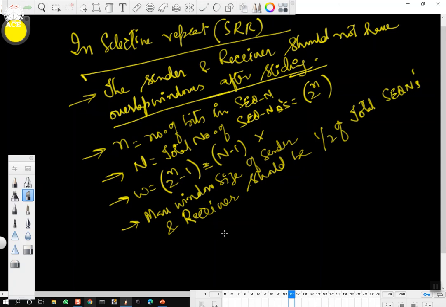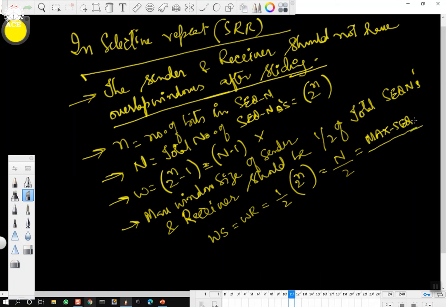That is, window size WS of sender and receiver is equal to half of 2 power n, which we can write as 2 power n by 2. This can also be written as the maximum sequence number that I can represent, which for n equal to 3 is 7, plus 1, divided by 2 is the answer.